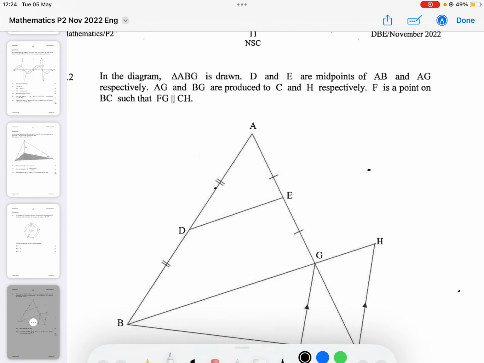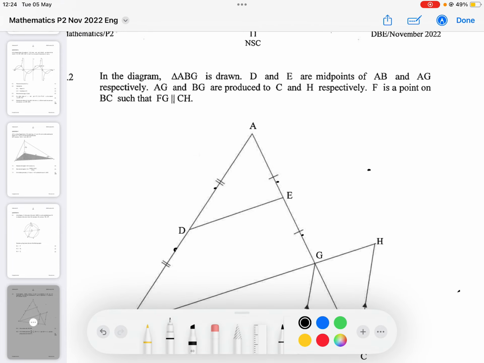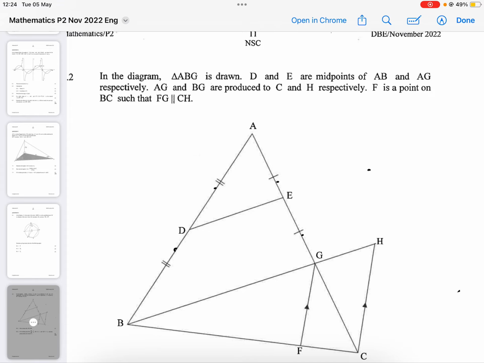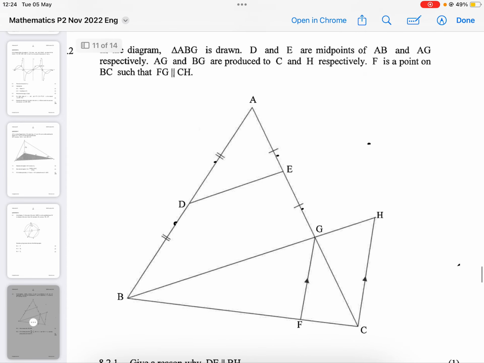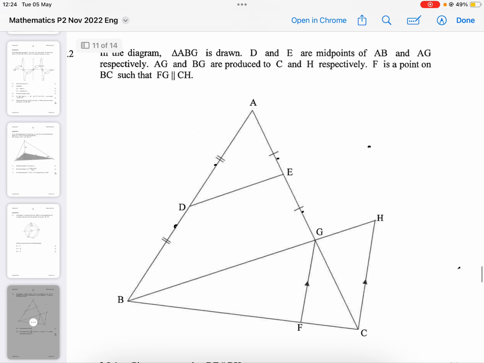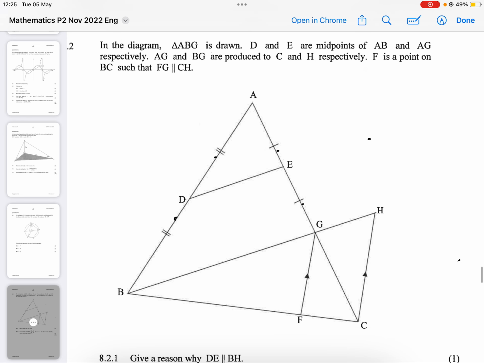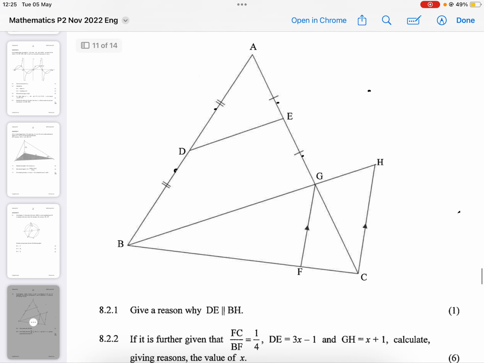So this is the midpoint and this is the midpoint respectively. Now AG and BG are produced to C and H respectively. F is a point on BC such that FG is parallel to CH.